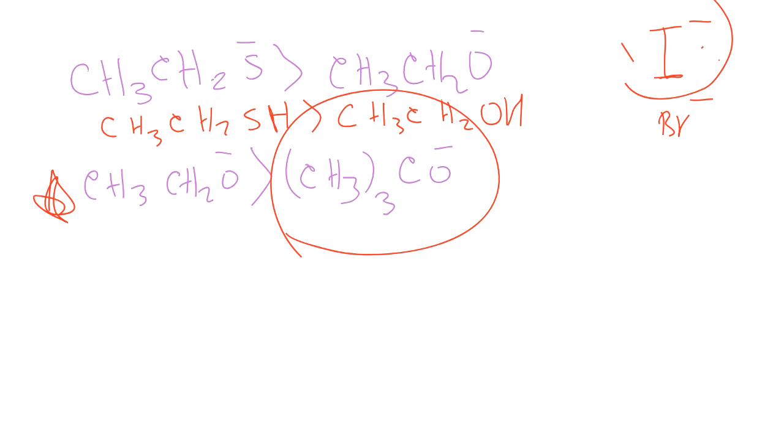So this is bulky compared to this one, so it's going to be less. The nucleophilic effect for this one is going to be less than ethoxide. tert-Butoxide is more bulky than ethoxide, so ethoxide is going to be a stronger, better nucleophile.